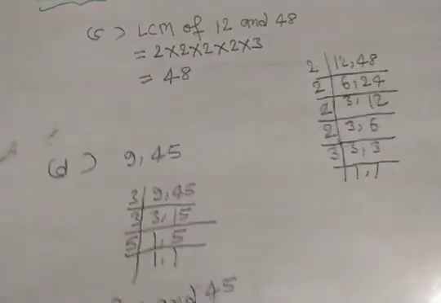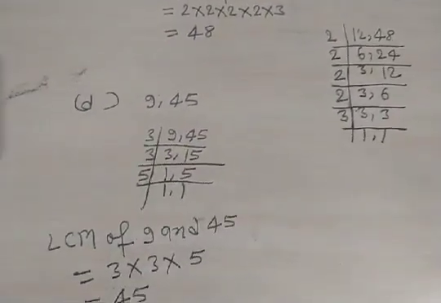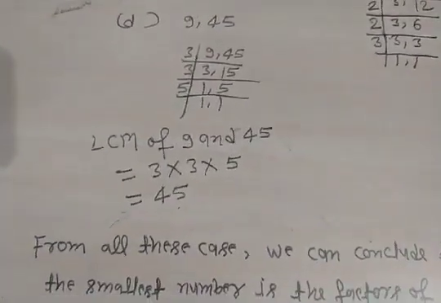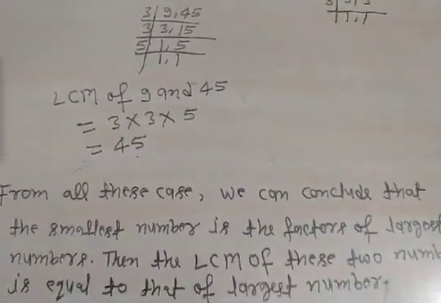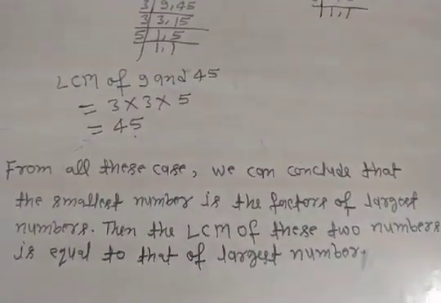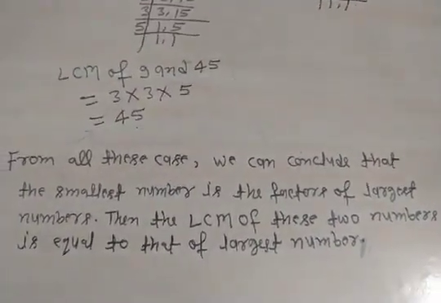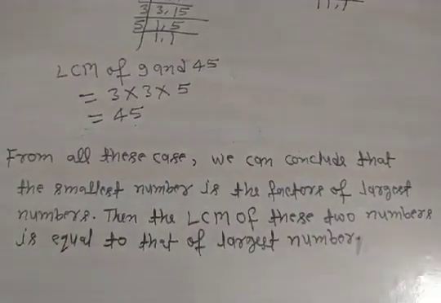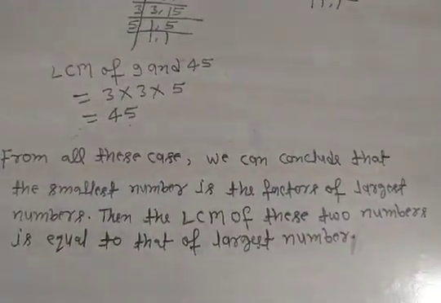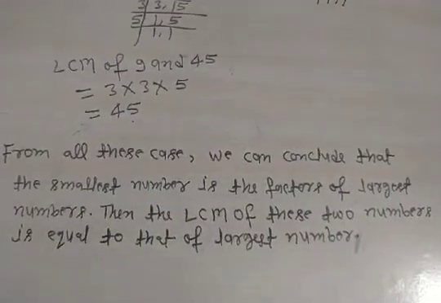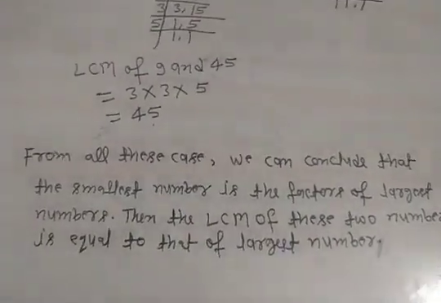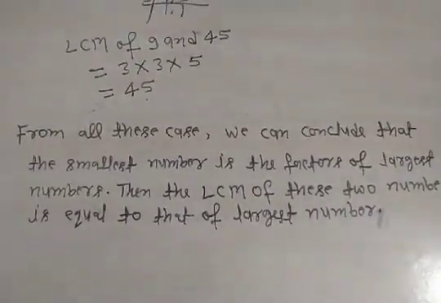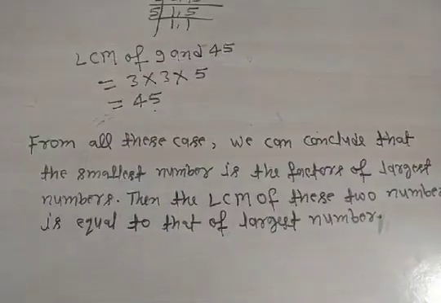So from the above discussion of LCMs, we can conclude from all these cases that if the smallest number is a factor of the largest number, then the LCM of these two numbers is equal to the largest number. I hope all of you understood. Thank you for watching.